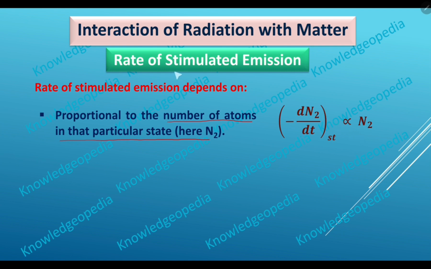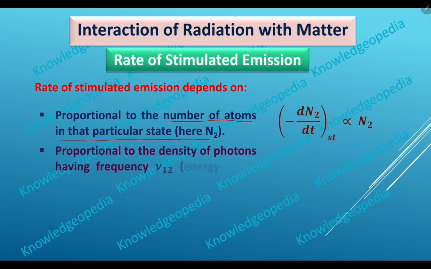Further, we have seen that this stimulated emission occurs due to the incident radiation, and hence if the density of the incident radiation is more, then we will get more stimulated emission, right? So the stimulated emission is directly proportional to the density of photons having frequency nu12 or energy h nu12, that is nothing but the energy density.